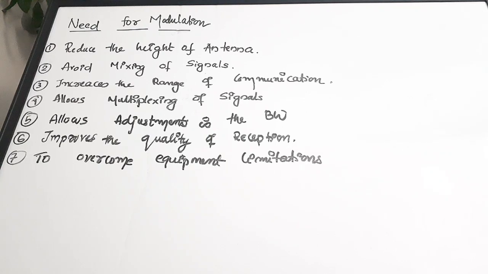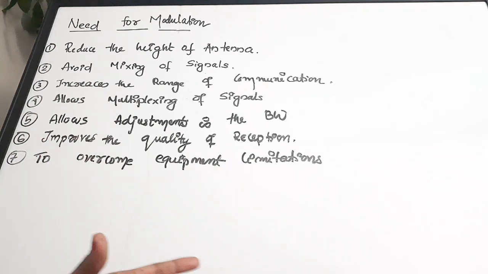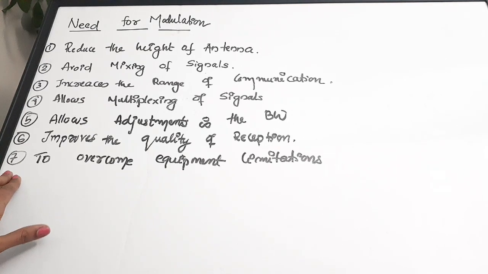It is difficult to design receivers which can receive lower frequencies correctly or accurately. But if we increase the frequency, it will help the equipment to overcome the limitation. That is, it will be easy to design the equipment or the receivers. Okay, so that is the seventh need.